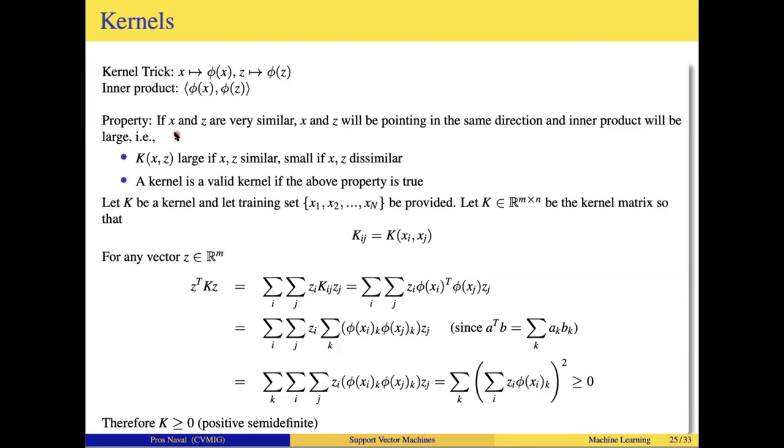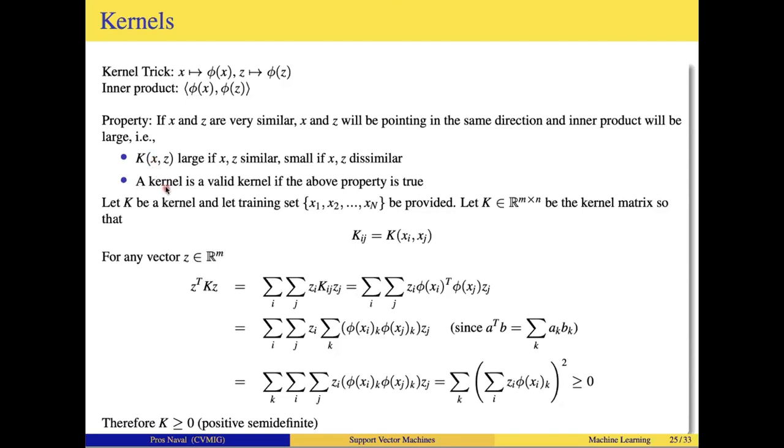So now if x and z are similar, x and z will be pointing in the same direction, and the inner product will be large. So which means that when the kernel is large, that means that x and z are similar. Or rather, if x and z are similar, this quantity here is large. And if x and z are dissimilar, then the kernel value is small.